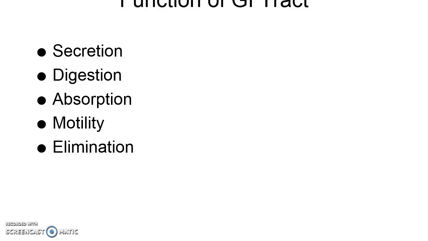Another function of the GI tract is digestion. Whenever a patient takes in food and swallows it, the body has to digest it. Again, that's part of where the hydrochloric acid comes in, to help break down that food into smaller, simpler complexes for the body to absorb.